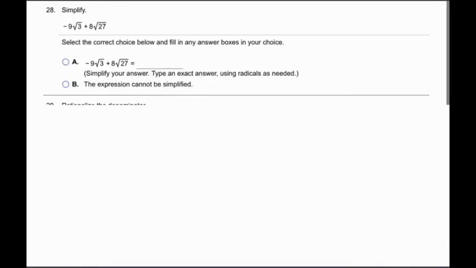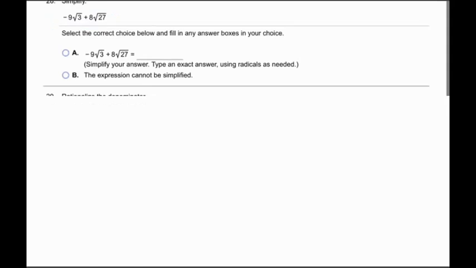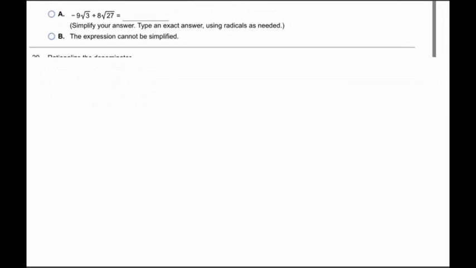So here, we're asked to simplify this radical expression. So let's just move this up here so we can have room to work the problem. What we have is negative 9 square roots of 3 plus 8 square roots of 27.